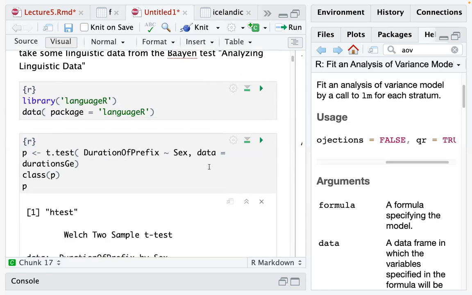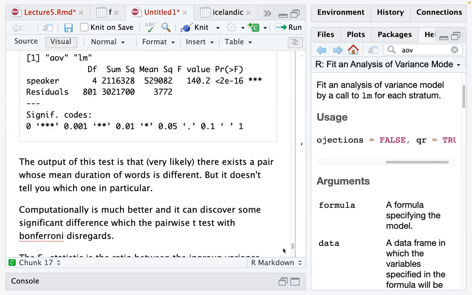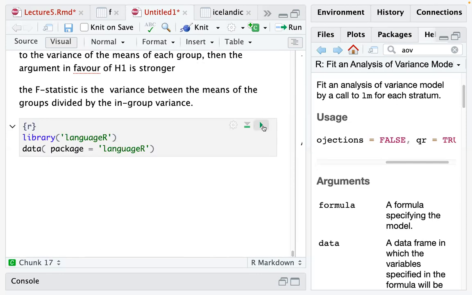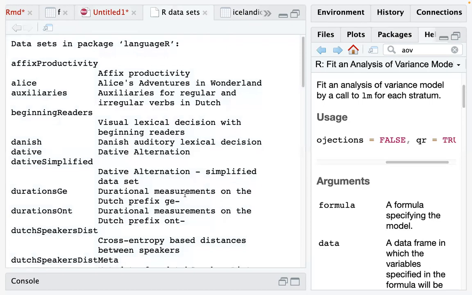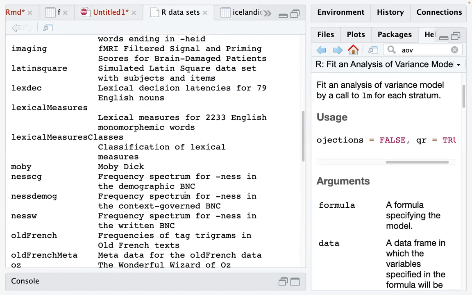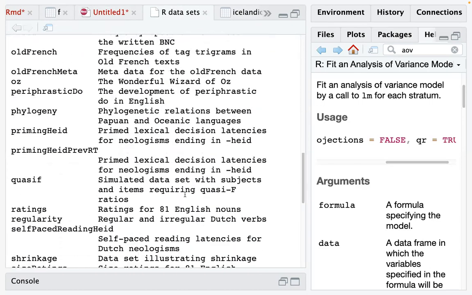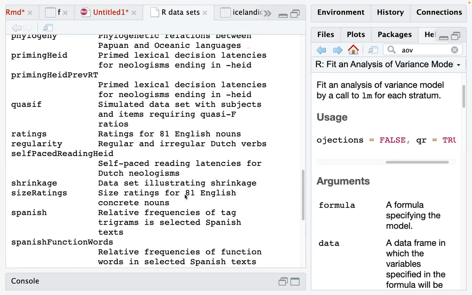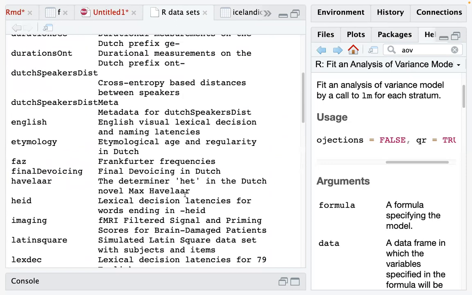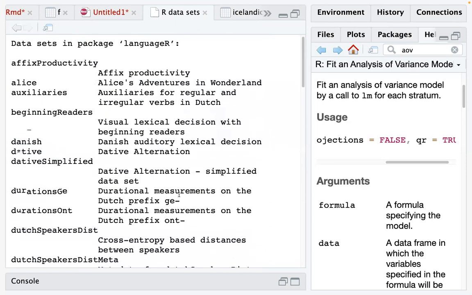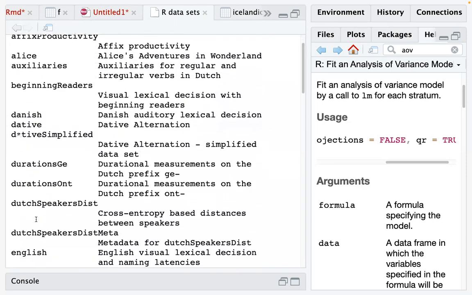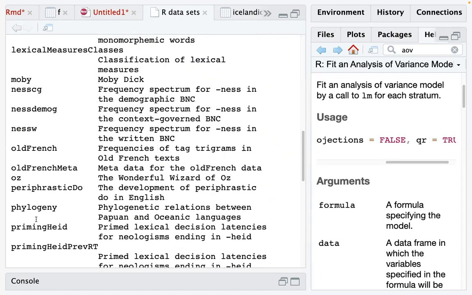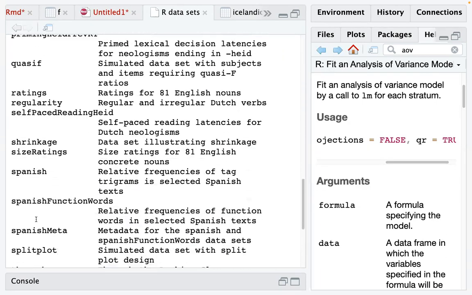There are some data and I chose this one for the example, which was the duration of something, prefix.